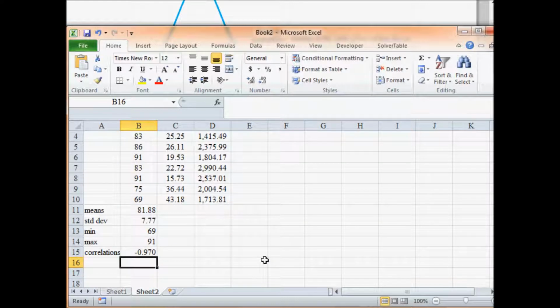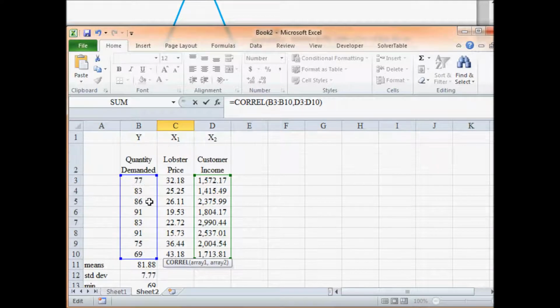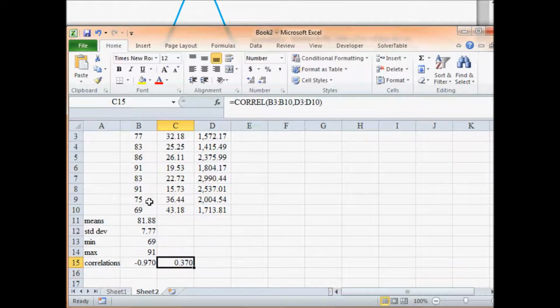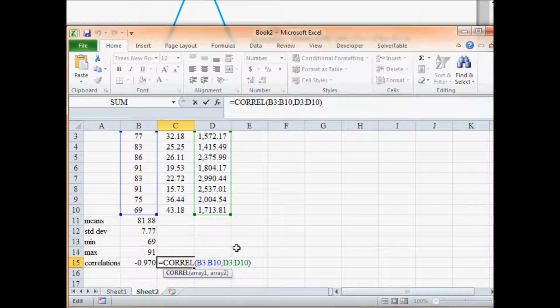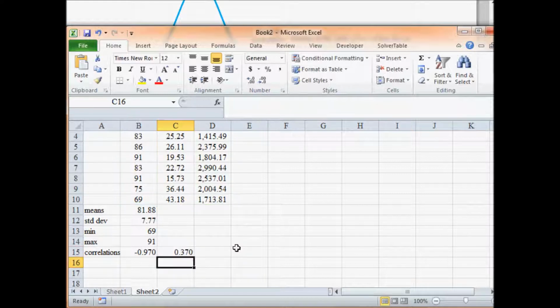It's really close to -1. Next, I'm going to calculate the correlation of quantity demanded and customer income. The correlation between how much is purchased and customer income is positive, but it is not as close to 1 as it is for price. So the correlation suggests that maybe the price is more important than our customers' income.